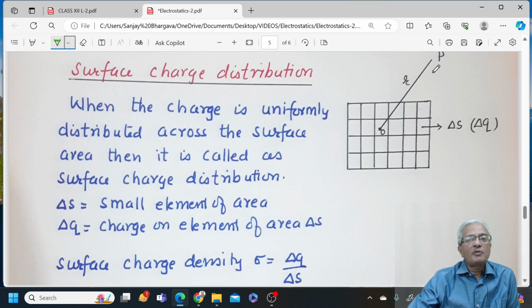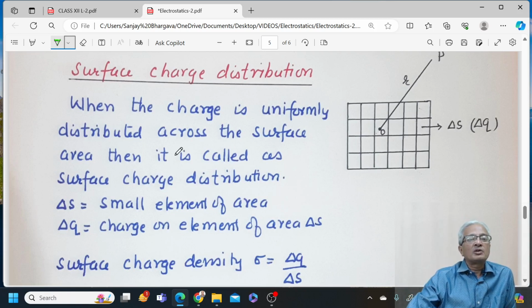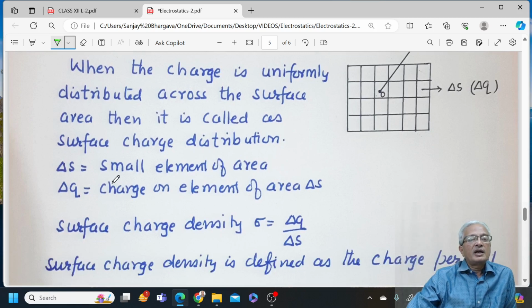Again we have a point P at a distance r from the origin O. So how do we define a surface charge distribution? When the charge is uniformly distributed along the surface area, it is called a surface charge distribution. Delta S is a small element of area and delta Q is the charge on this element of area delta S. Once again, how do I define surface charge density?